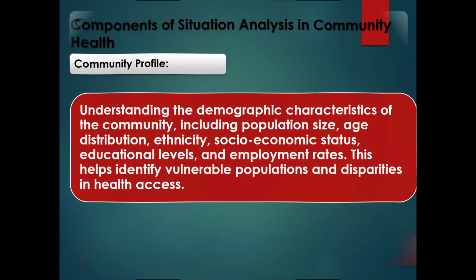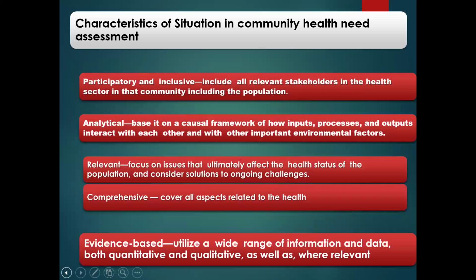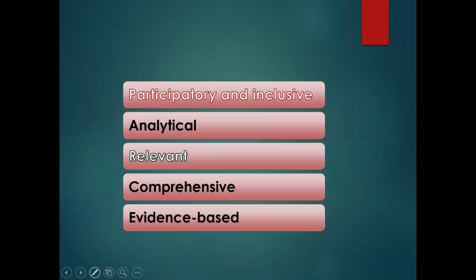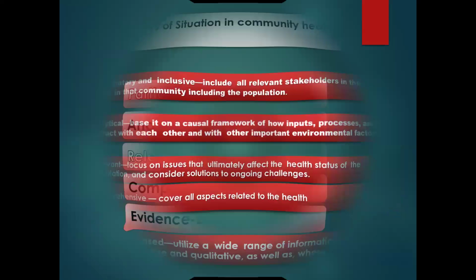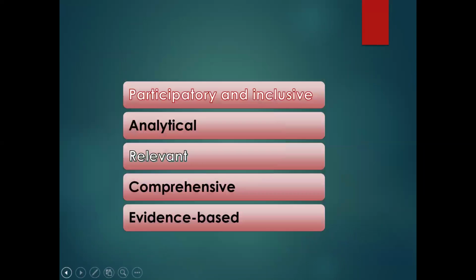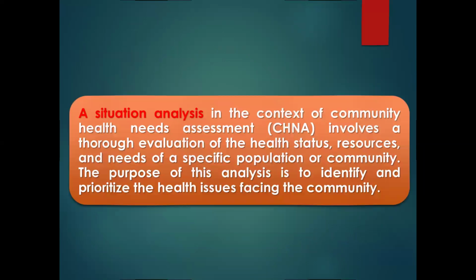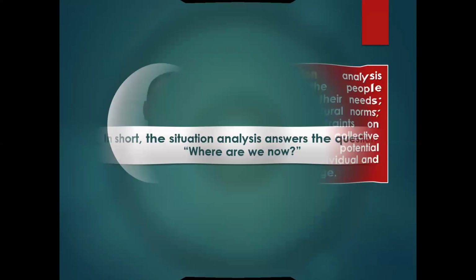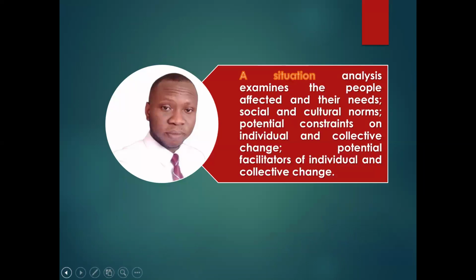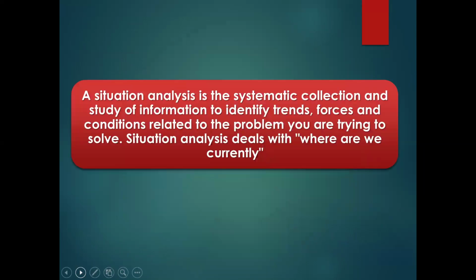Then we will look at the characteristics of situation analysis in community health, where we talk about it being participatory, analytical, relevant, comprehensive, evidence-based, and we'll finally look at every other component of situation analysis.